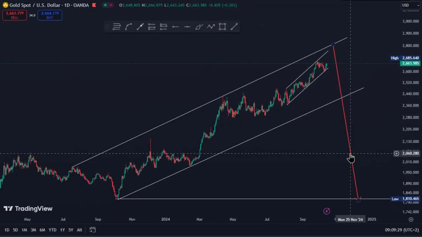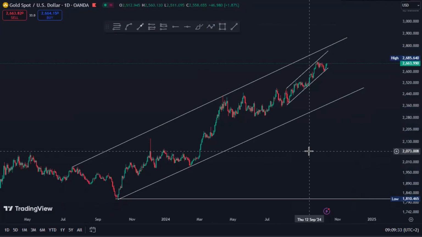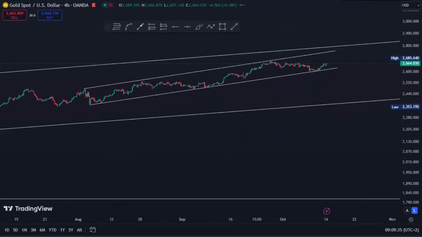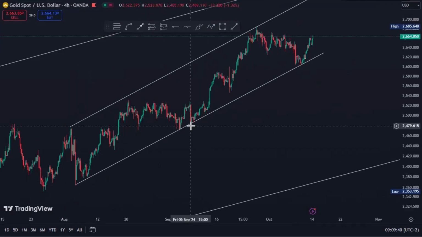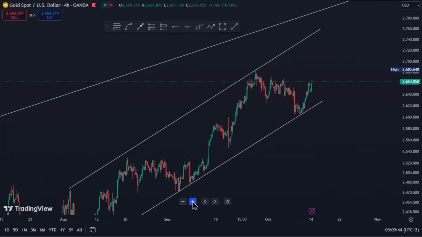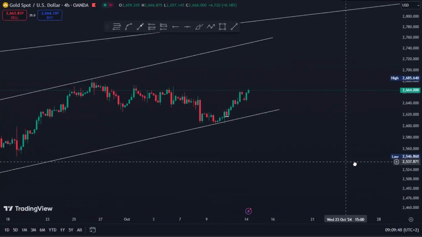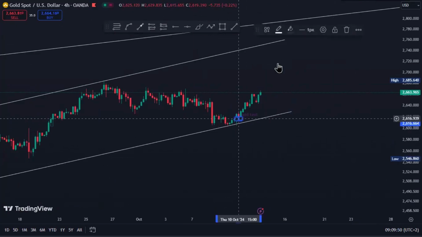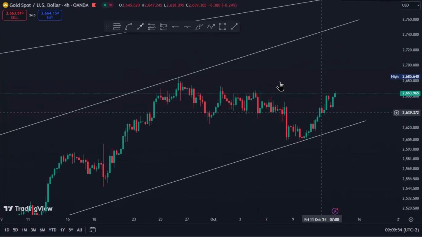Right. So let's go to this structure because now we are here. So last week I told you guys that the market is going to buy from this zone. Remember, we have the first touch, second touch, and then we have the third touch here. And I said we're going to wait for confirmation, but it was a bit tricky because the market touched here, it was CPI. So it didn't touch the way I wanted it to touch.